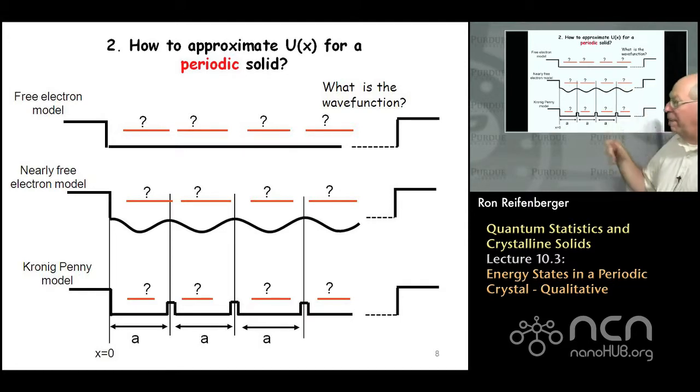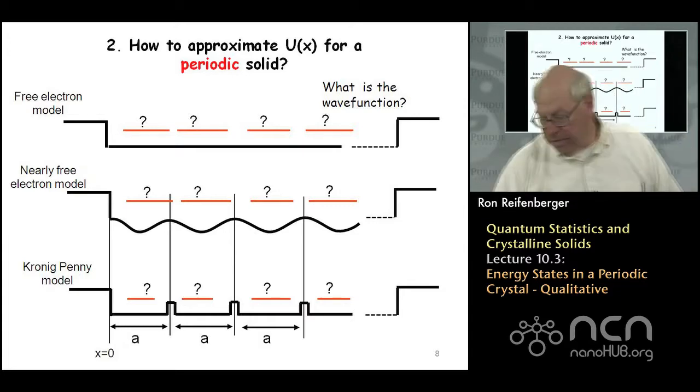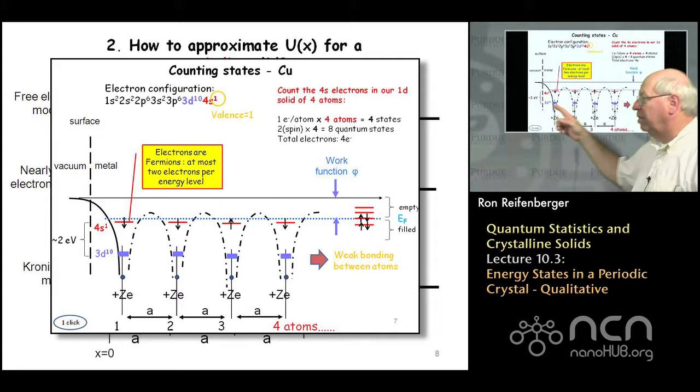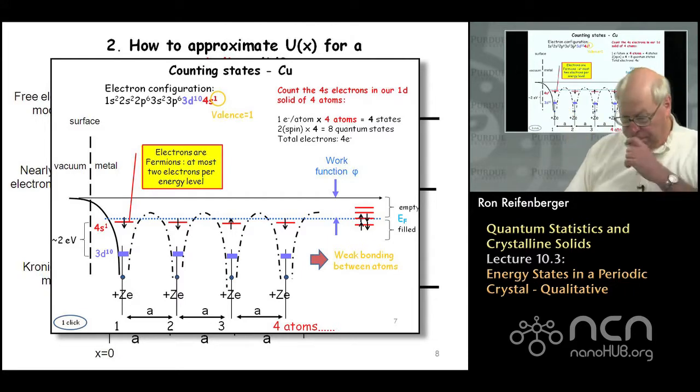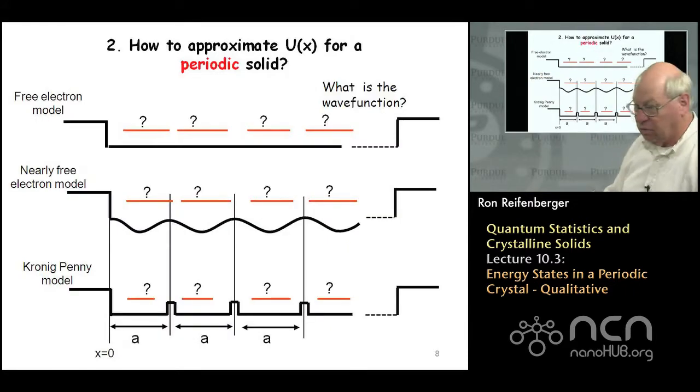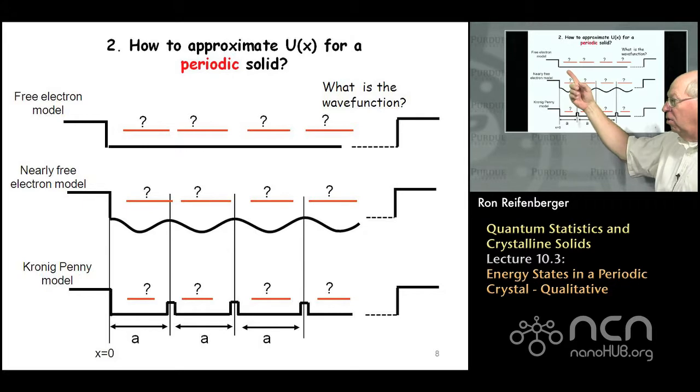The free electron model basically neglects the rapid variation in this electrostatic potential, and it replaces it by some average value, which is indicated by a straight line, which is constant, independent of position. So this gives rise to what we call the free electron model.